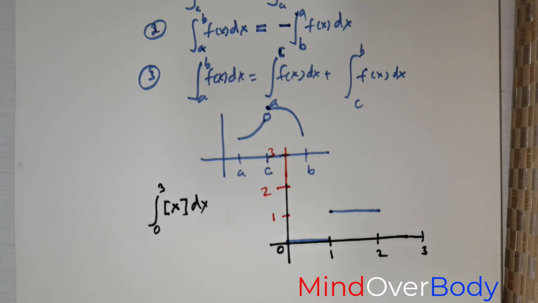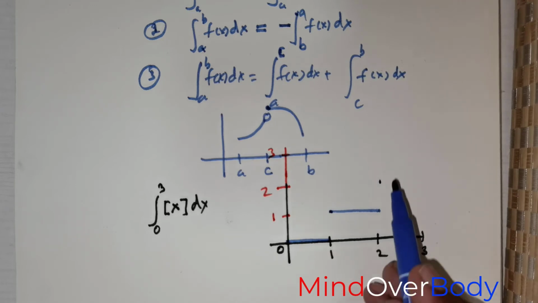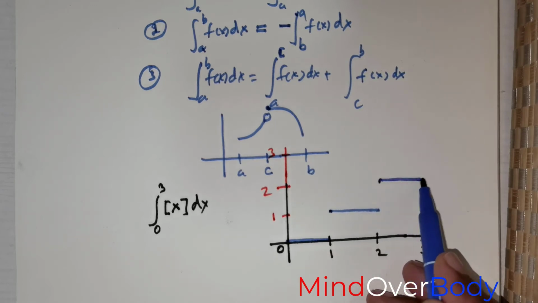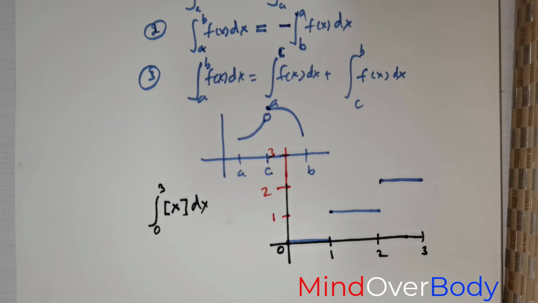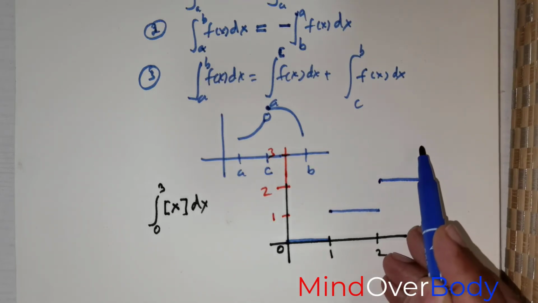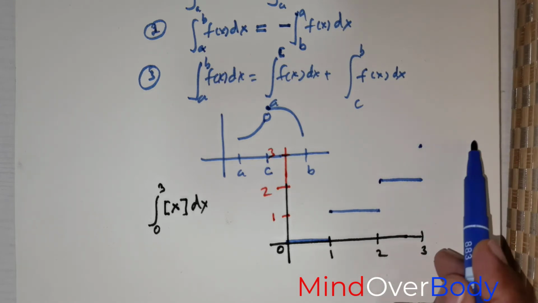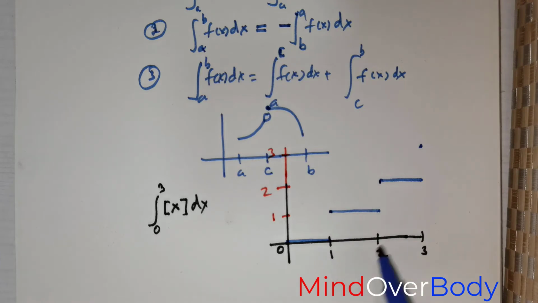That is the important observation we will have to take into consideration. At 2 there is a discontinuity, and the function starts from 2 and moves to 3, and then at 3 there is a discontinuity. The function starts at this point and then heads to 4. So there is always a discontinuity at all integer points.